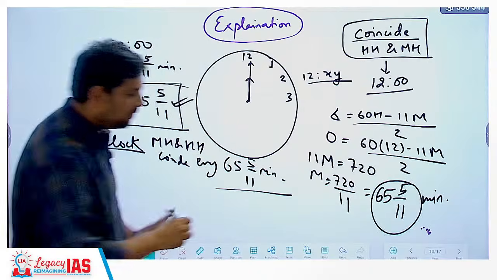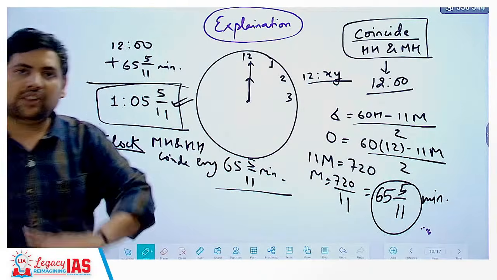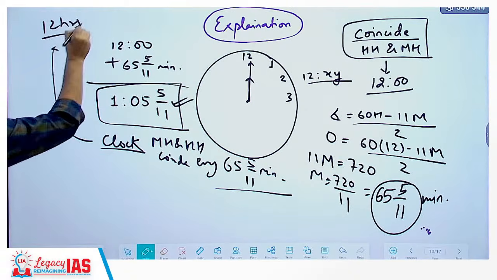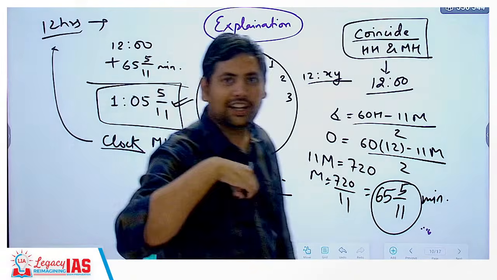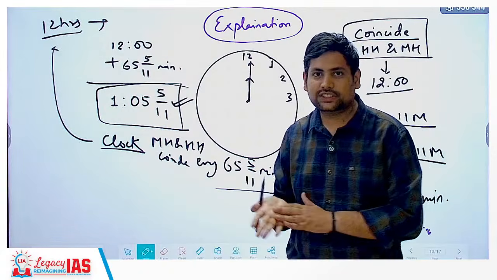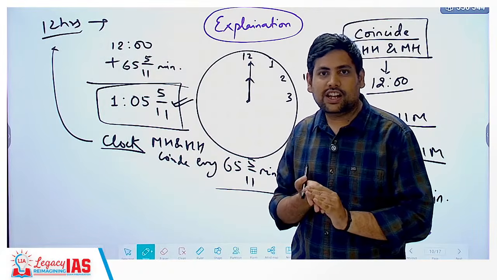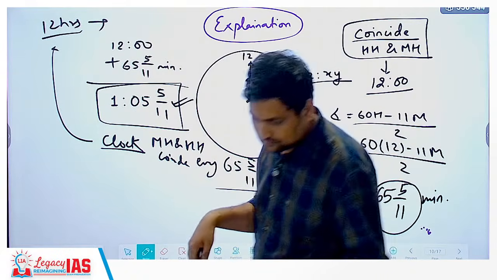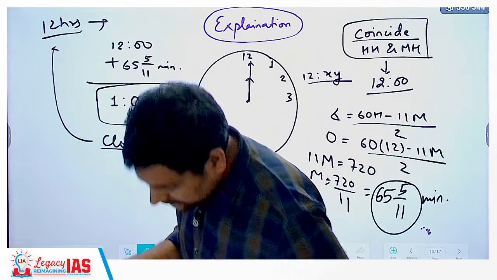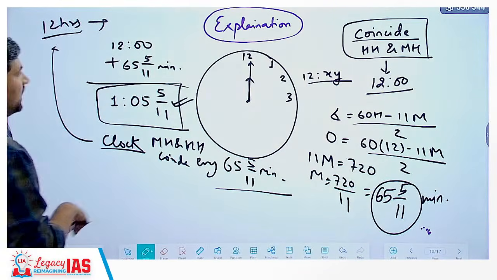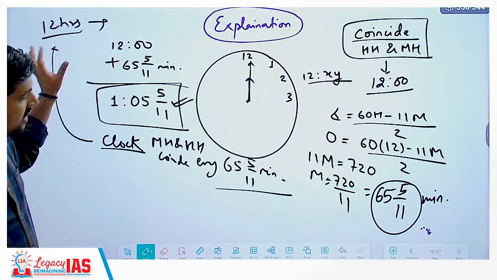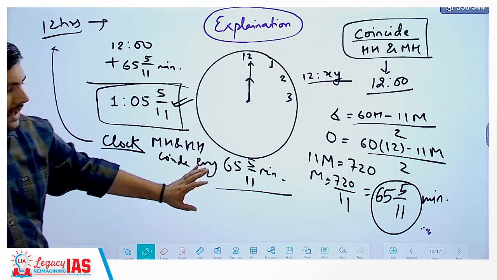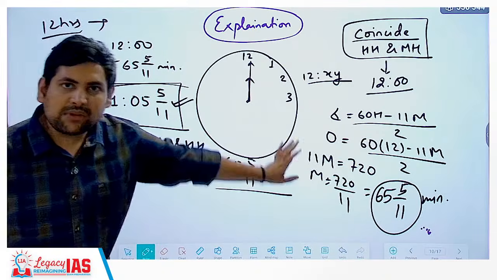Now if they coincide every 65 and 5 by 11 minutes, can you tell me in 12 hours how many times will they coincide? Yes, relative speed, Dheeraj. How many times will they coincide? So they can only coincide if you take 65 and 5 by 11. How many times can 65 and 5 by 11 be contained in 12 hours?